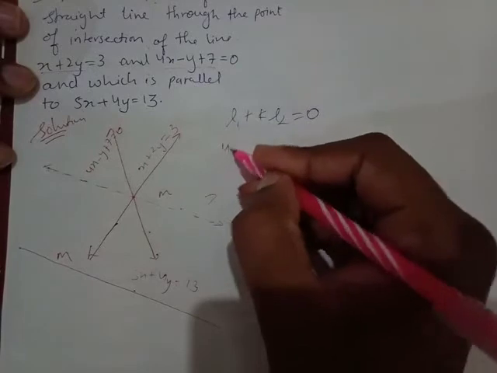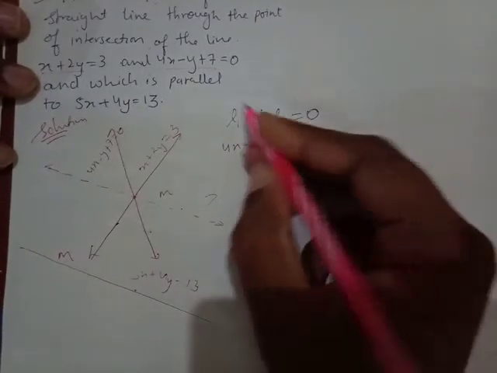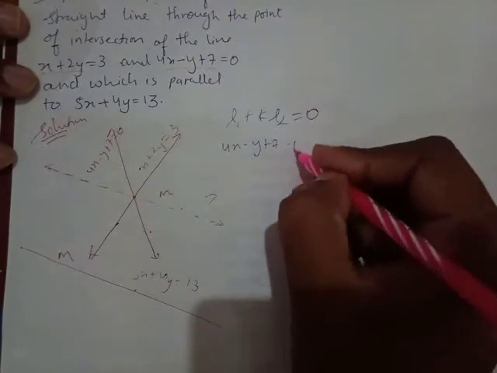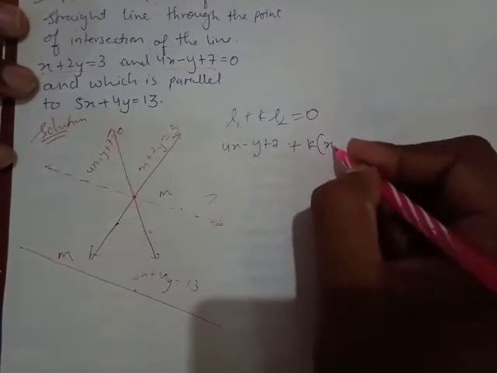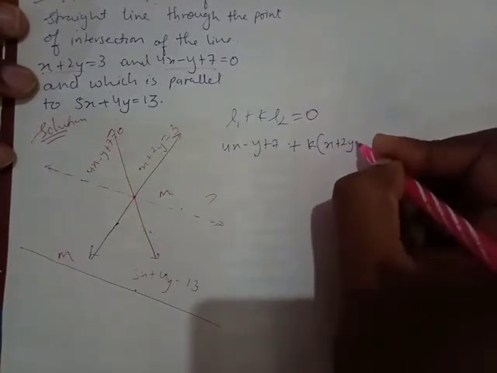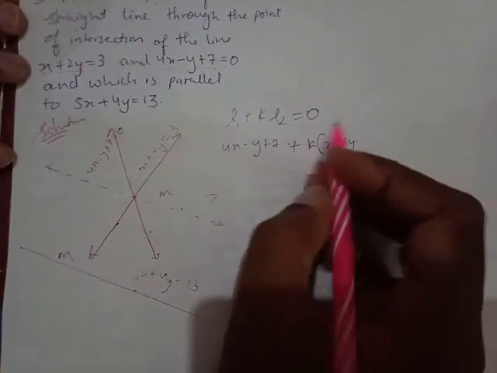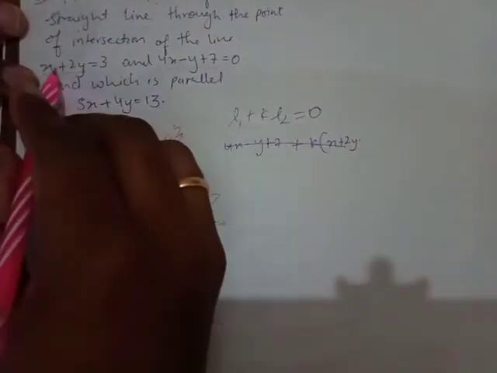How? I'll help you guys. L1 is 4x minus y plus 7. Okay, this is L1. Second one is plus k of bracket x plus 2y minus 3. Sorry, just to be clear that this is L1 and this is L2, because this is given first.